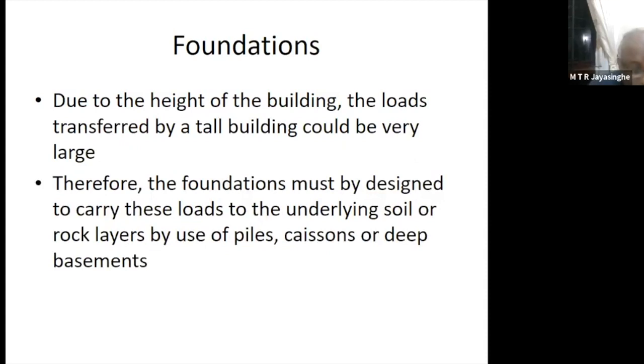And so foundation is a critical factor. And if you want to know, we had fractured rock at the Altea site. And the structural engineer, I was only the checking engineer. The structural engineer is a very brave person. And he insisted on socketing 10 meters into the fractured rock.